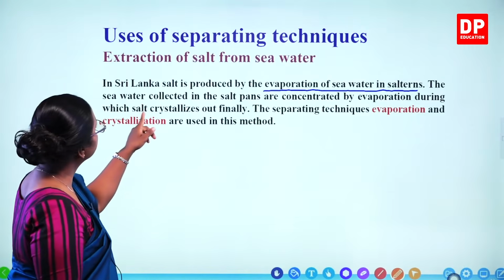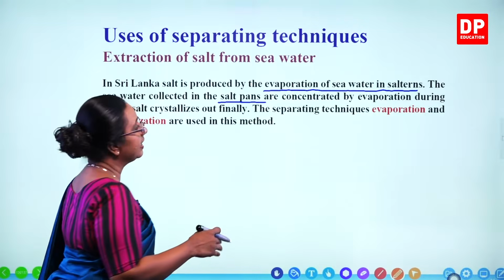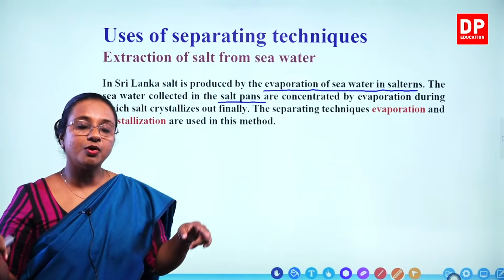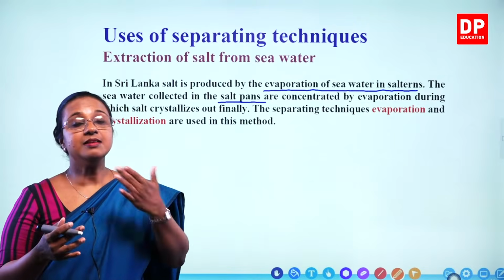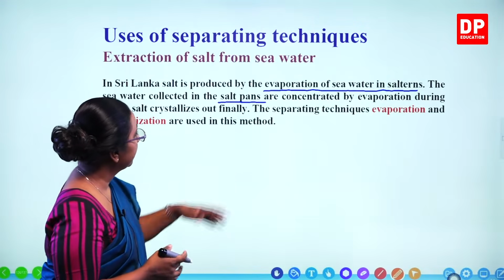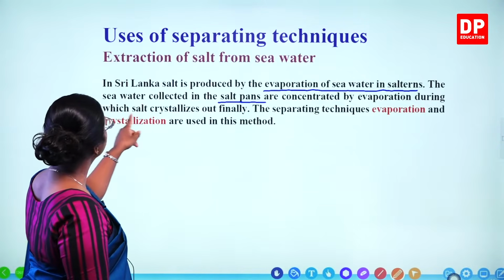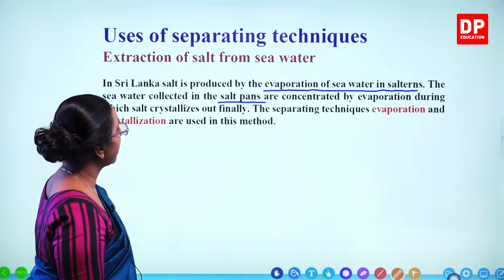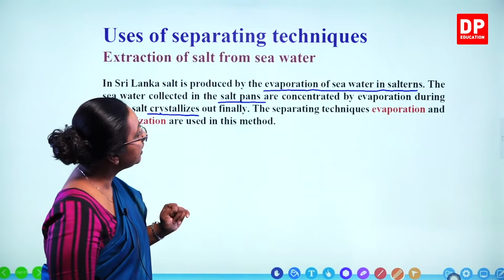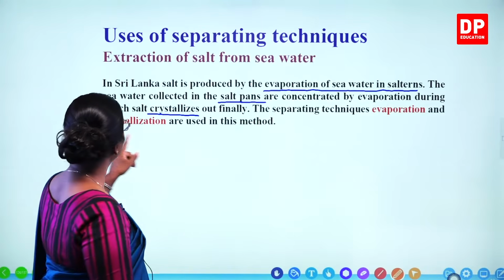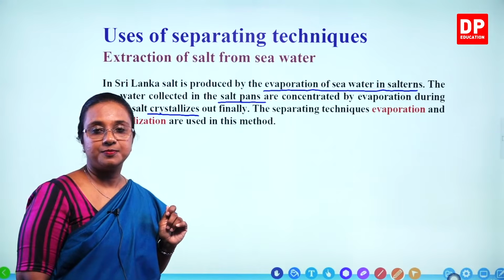The seawater is collected in the salt pans, the structures, the tanks, where seawater is retained and concentrated by evaporation, during which salt finally crystallizes out. So the two separating techniques, evaporation and crystallization, are used in this method.